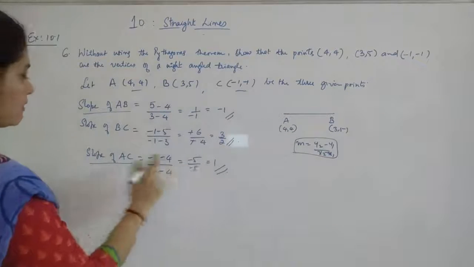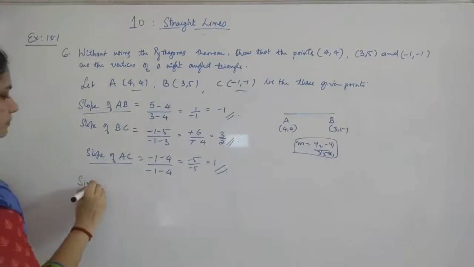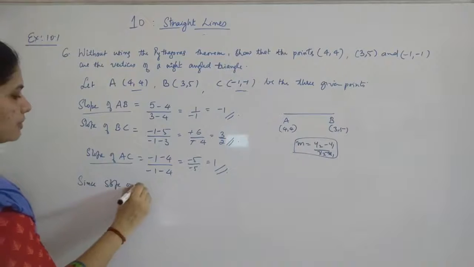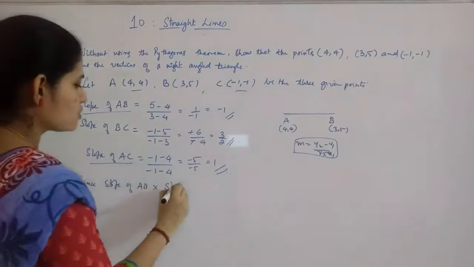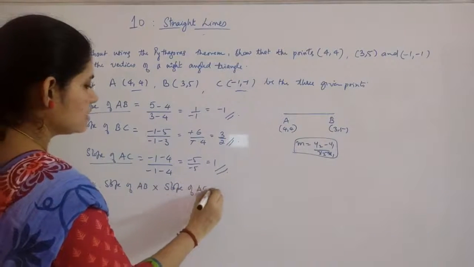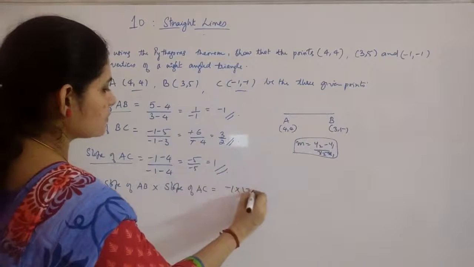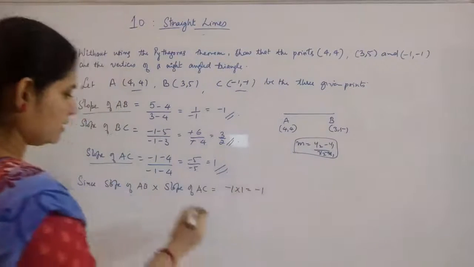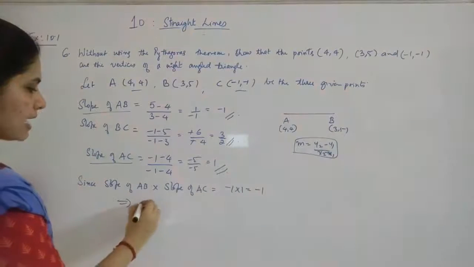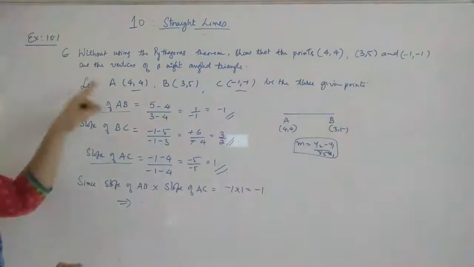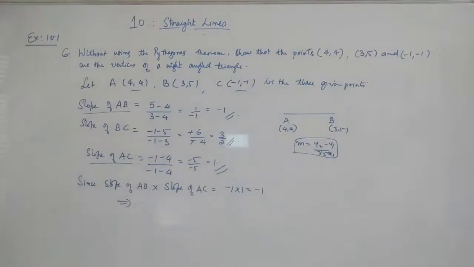So here, since slope of AB into slope of AC is equal to minus 1 into 1, which is equal to minus 1, it implies that the angle formed between the two lines will be 90 degree.